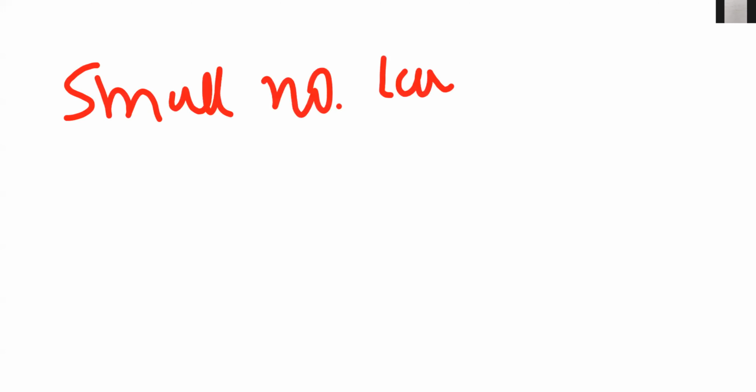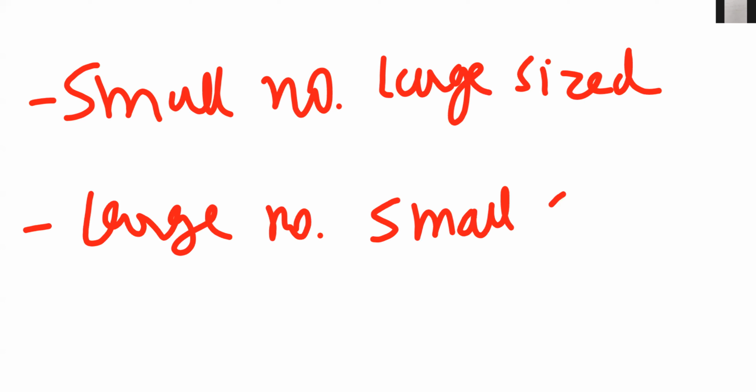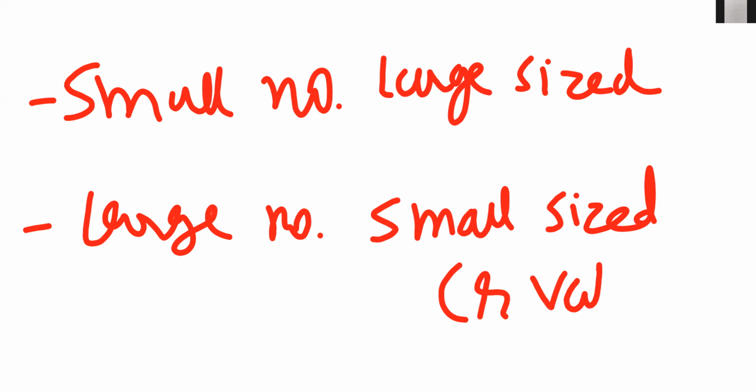And see, you have these 2 conditions: small number and large size offspring. The other condition is large number and small size offspring. I told you about the R value, small r, for reproductive fitness, the natural rate of increase.